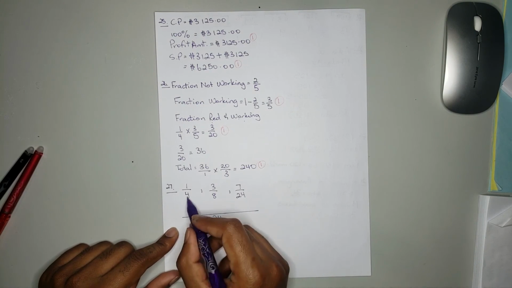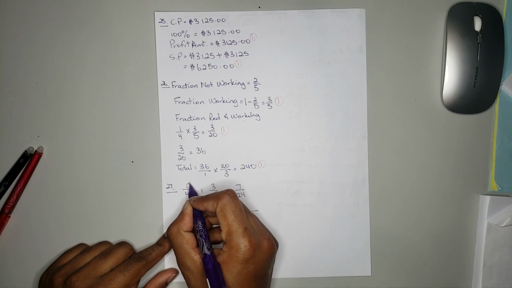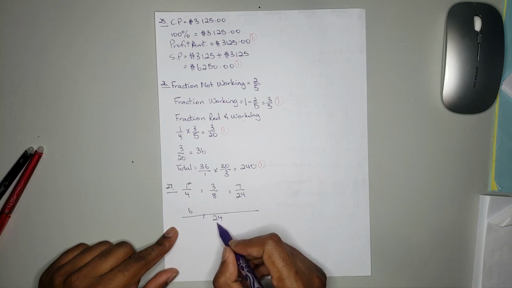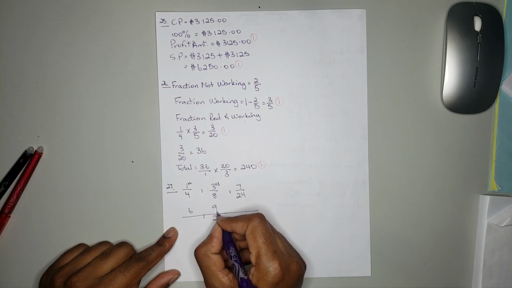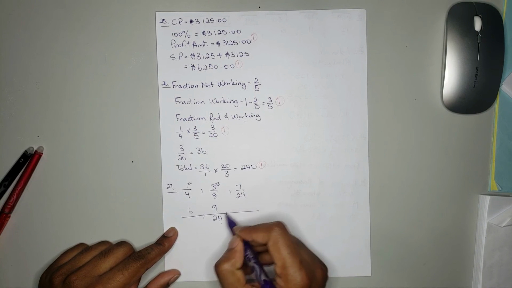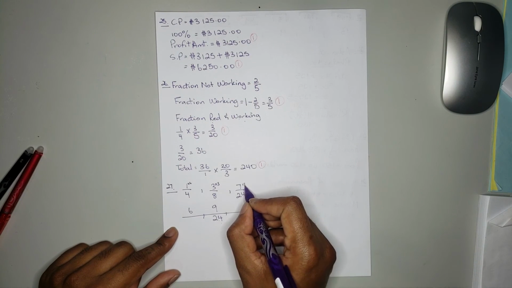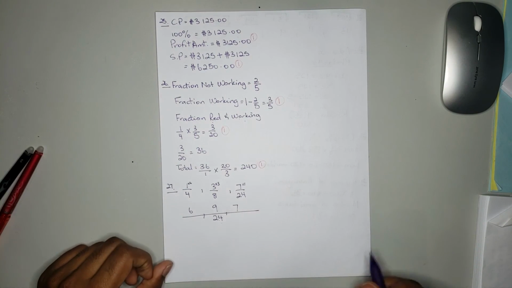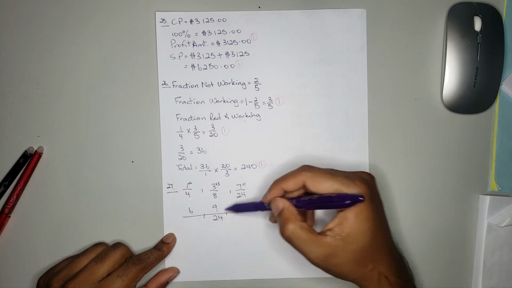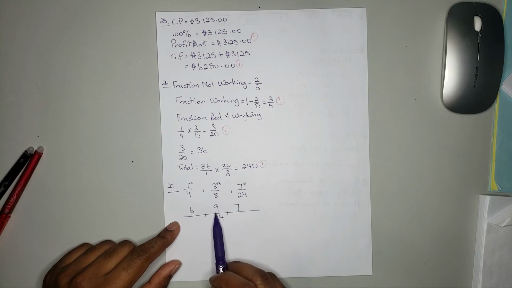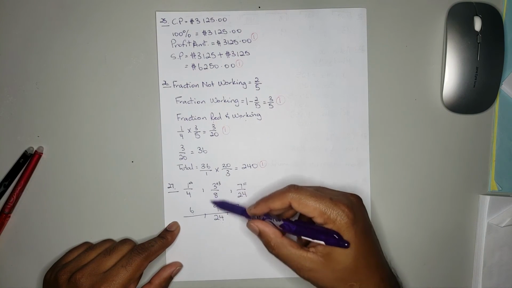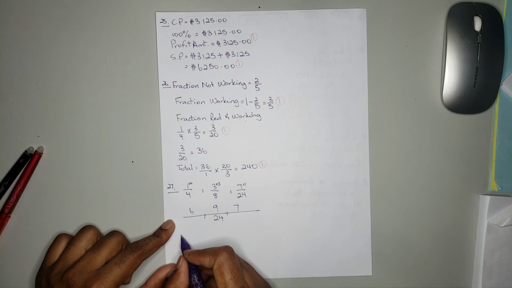So 24 divided by 4 is 6, 1 multiplied by 6 is 6, 24 divided by 8 is 3, 3 multiplied by 3 is 9, and then we have 24 divided by 24 is 1, 7 multiplied by 1 is 7. So therefore these figures here represent the respective fractions. So the longest will be this here, which is the 3/8.